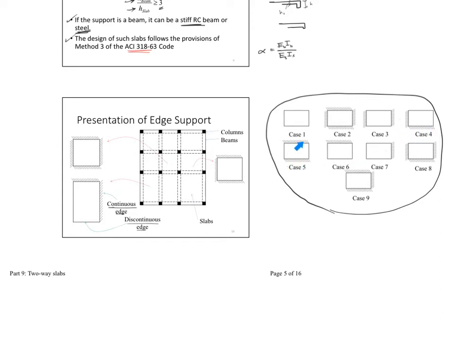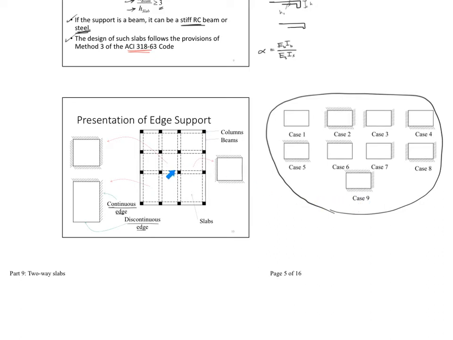Case 5 is connected in the long direction and opposite sides. Case 6 is connected on only one side while it's the long side. Case 7 is only one side while it's the short side. 8 and 9 are connected from 3 different sides, while 8 is 3 different sides with the long side being discontinuous and the short side being discontinuous in the case of case 9.